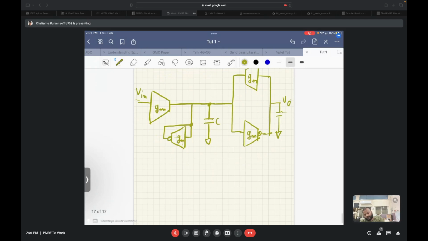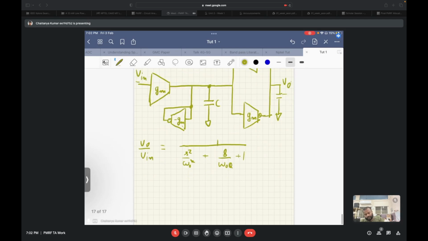So V in is this, V out is this, and I will write the forward transfer function directly as V out by V in is equal to 1 by S square by omega naught squared plus 1 S by omega naught Q plus 1.